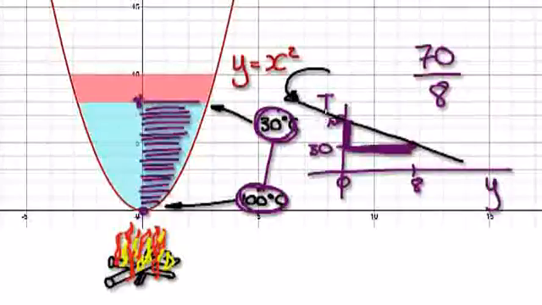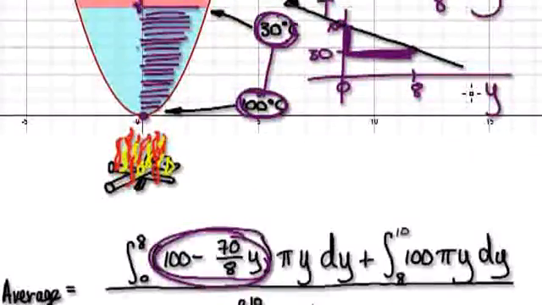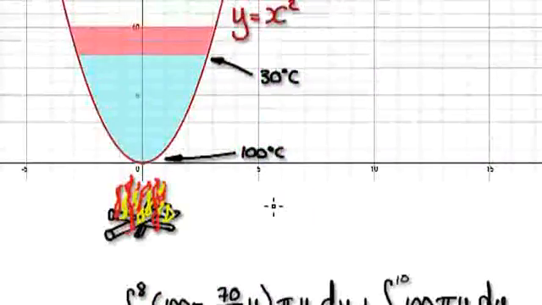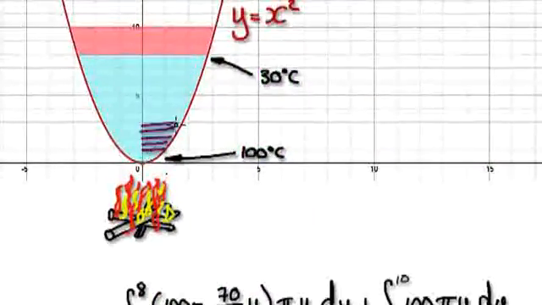And don't forget it's a negative gradient because it's going downhill, so we need to stick a negative in there, and the y here. So our temperature is given by this. And don't forget we're summing up all the disks.